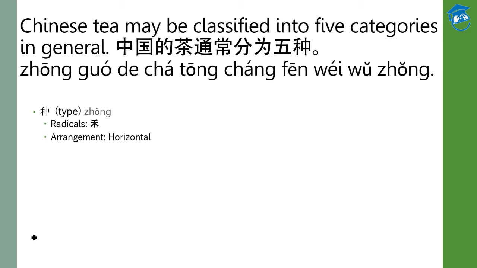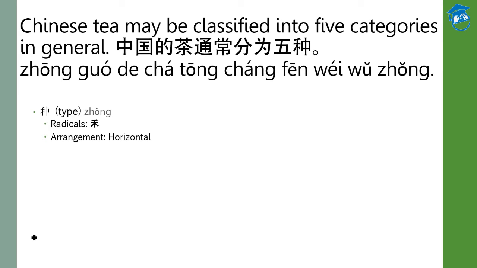Okay, 通常 means general. So you have learned 通 as in 普通话, which is Mandarin, but 普通 means common. So 通, it has the meaning of general or commonly used things.